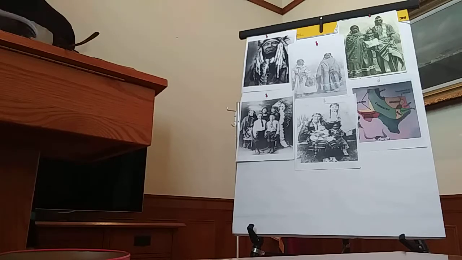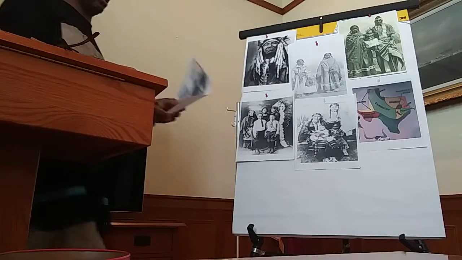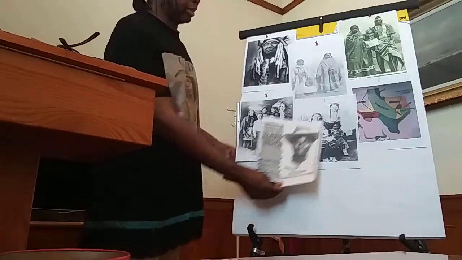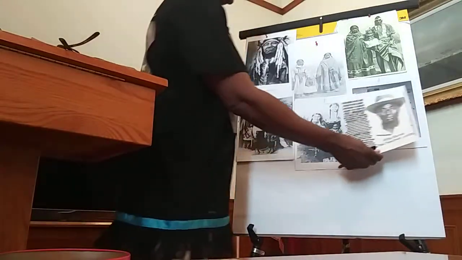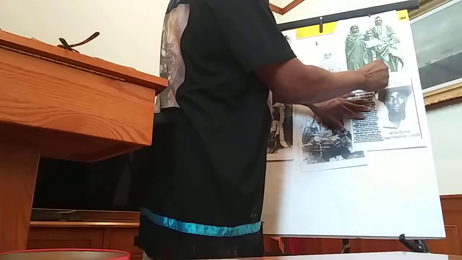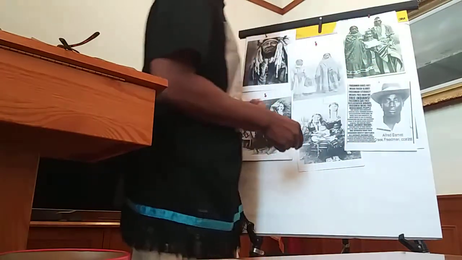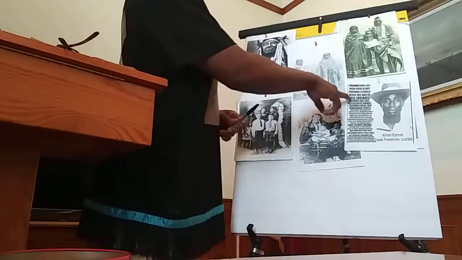I got this picture here somewhere. A Choctaw freedman, and freedman stood for a free Indian. There we go. A free Indian of color. All right. Alfred Barnett was a Choctaw freedman, and freedman meant that he was a free Indian.